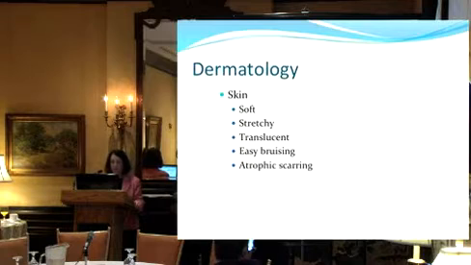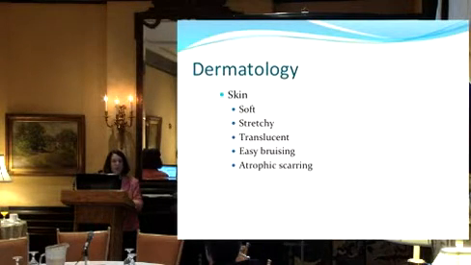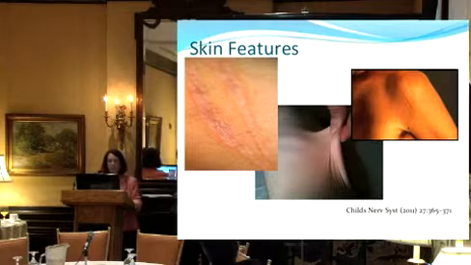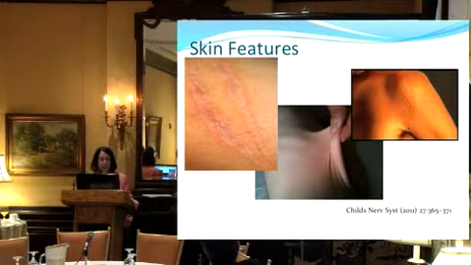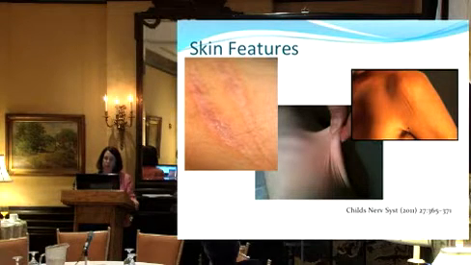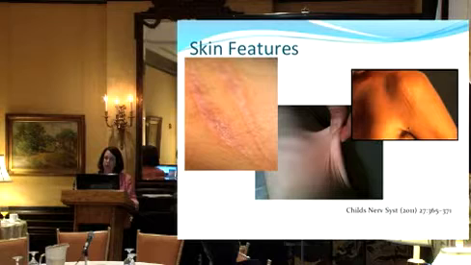Okay, moving on to dermatology. We have soft, stretchy, translucent skin which bruises easily and demonstrates atrophic scarring. You see here on the left the atrophic widened scars of a patient with EDS, the stretchy skin, and the striae atrophicae.